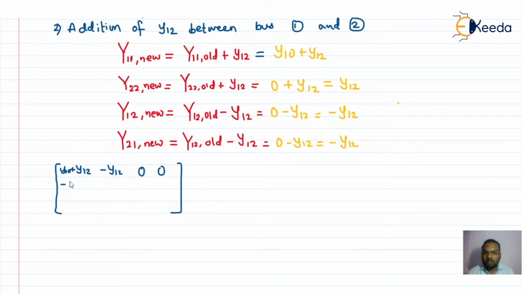This is also minus y12, y21, y22. y22 is plus y12 only. The rest of the entries have not been modified, they didn't get affected.